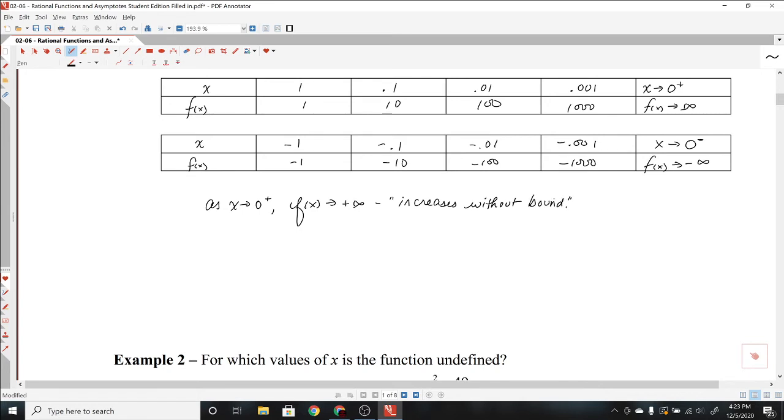If you think of a boundary, it would be something that you can't go past. Well, this is a case where there is no boundary. It's just going to go up forever. And so we would say as x approaches 0 from the left, f of x approaches negative infinity, that is to say, it decreases without bound.